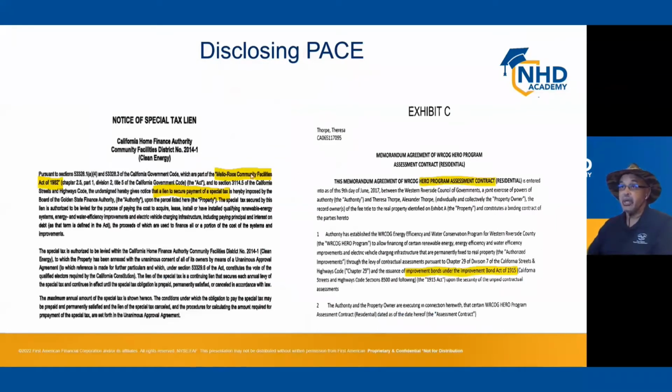This one here indicates that it's Mello-Roos. And this one on the right indicates this is HERO. And here you can see that it mentions improvement bonds under the Improvement Bond Act of 1915. Hence, they require disclosure under Civil Code 1102.6b.